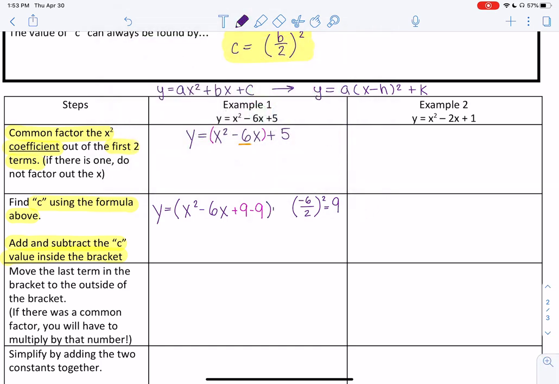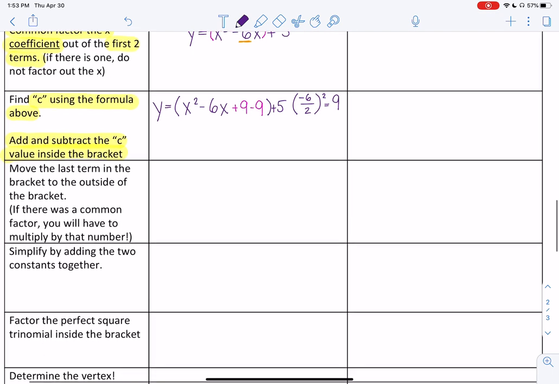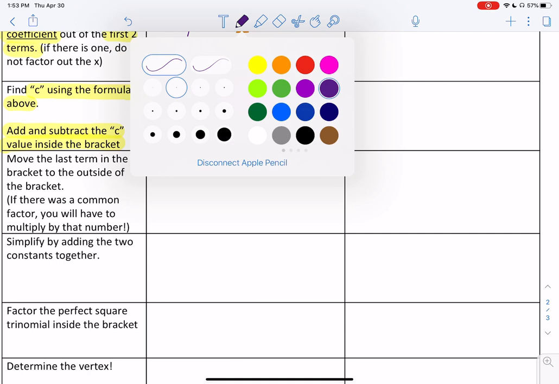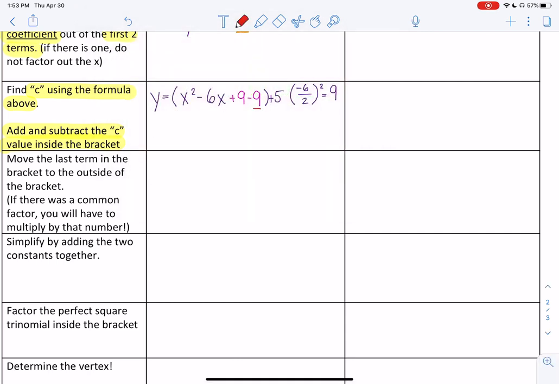The reason we add and subtract it is because that would be the same as adding 0. So as long as I add it and subtract it, it will work out fine. Now we're going to move this one out of the bracket.